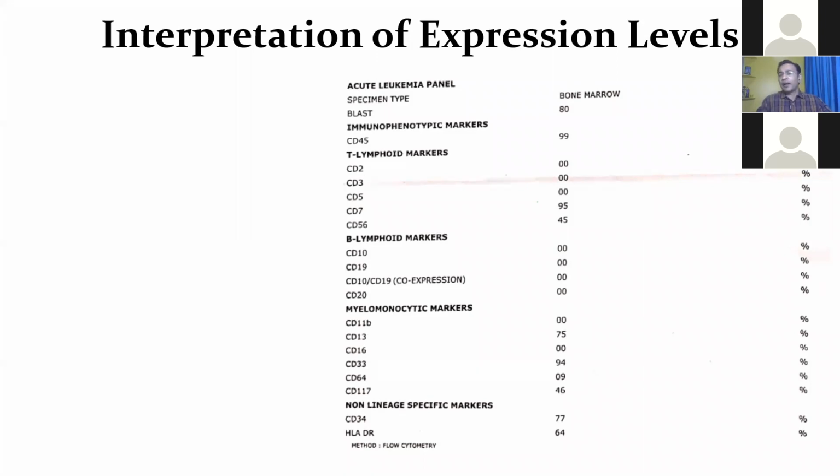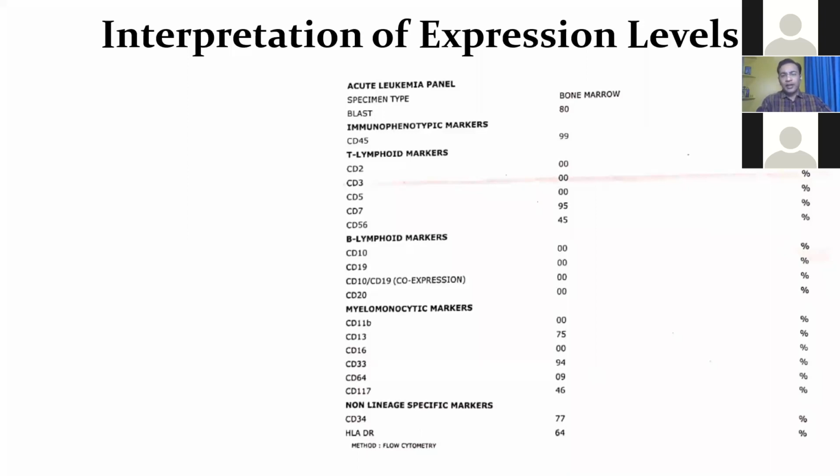We stopped this practice after the 2012-2013 WHO, because WHO generally refers to the expression level, as we have seen in lineage defining markers, where we mention strong or weak. So a standard or good practice is to give the expression level. Some labs give the percentage in addition to the expression level, which is very good, but only the percentage is restricted. It is not wrong, but it is a limited report.